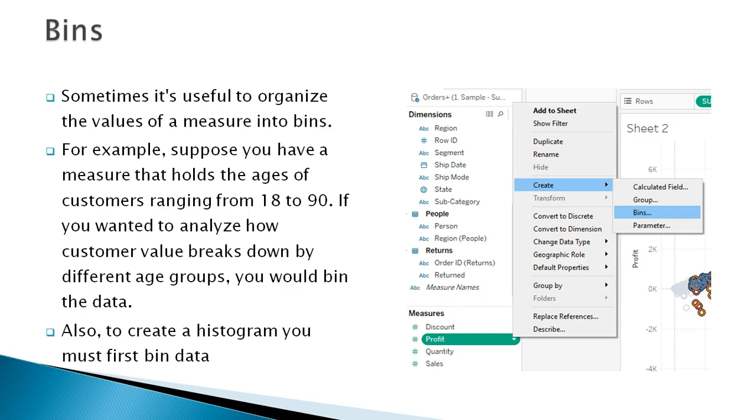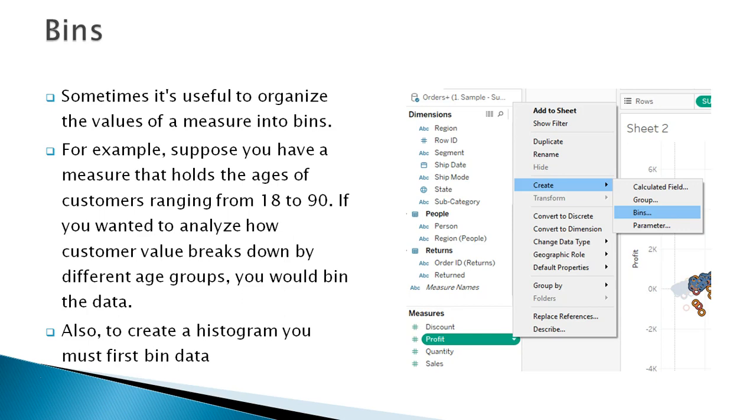Bins are also called discrete values, which hold buckets of values. Sometimes it is useful to organize the values of measures into bins. We know that a measure is always a continuous field. Suppose I want to convert that continuous data into discrete data.